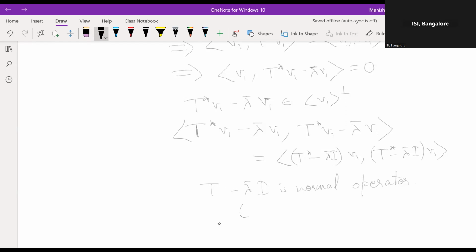Yes, this is normal because T minus lambda I star is basically T star minus lambda bar I, because the adjoint of I is I. Any questions?